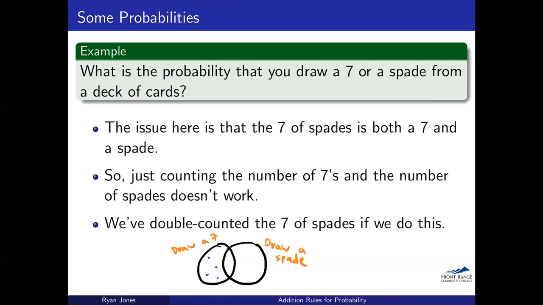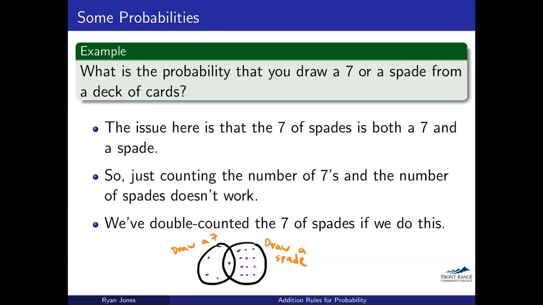I'll just put some dots there. And for a spade, there's 1, 2, 3, 4, 5, 6, 7, 8, 9, 10, 11, 12, and then a 13th way. But as we've said, one of these dots is actually both a 7 and a spade. So I want to make sure that I include right in the middle that one dot.